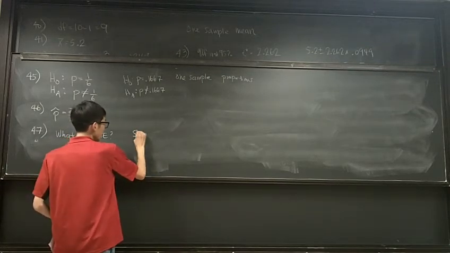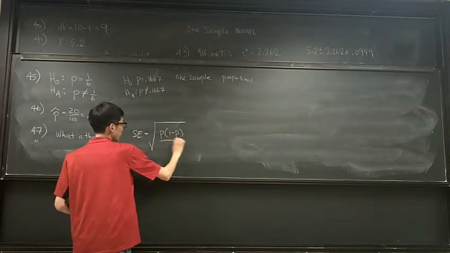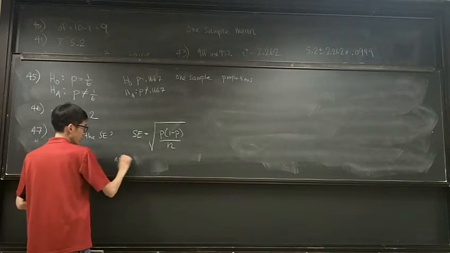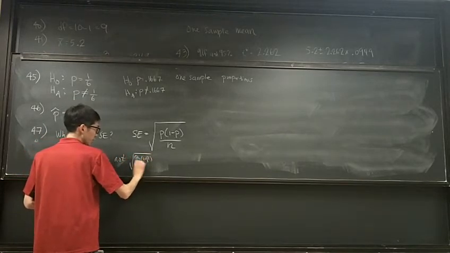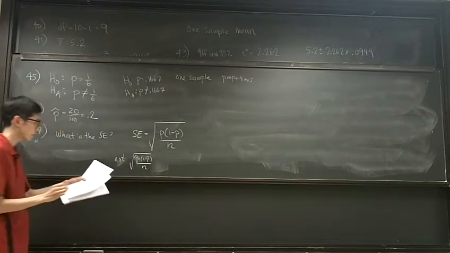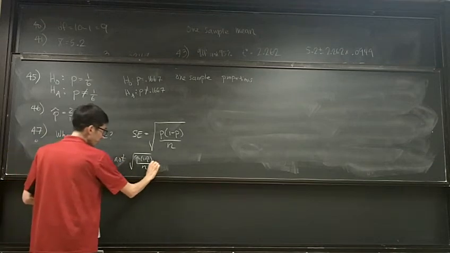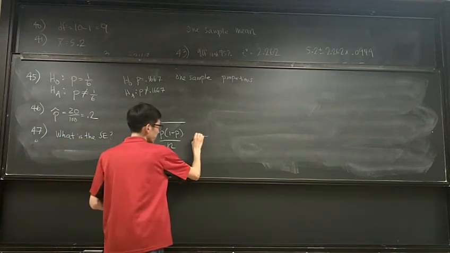The standard error is equal to the square root of p times 1 minus p over n. Not the square root of p hat times 1 minus p hat over n. I apologize. This is for confidence intervals, and this is for hypothesis tests.